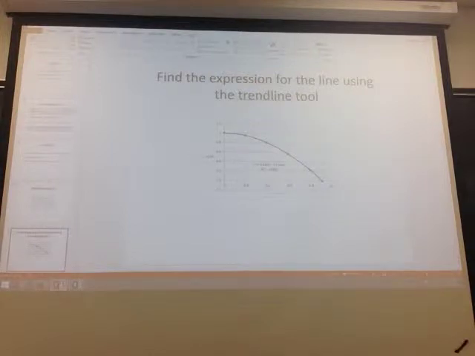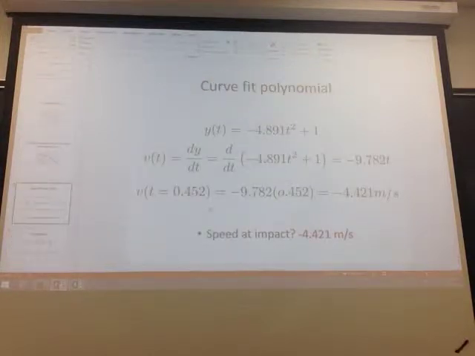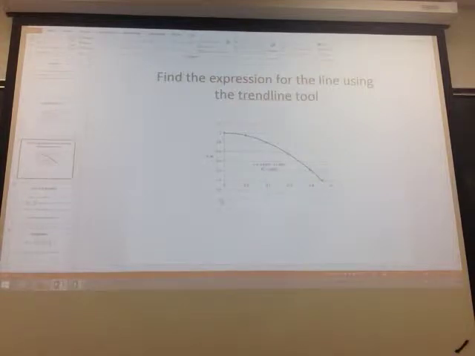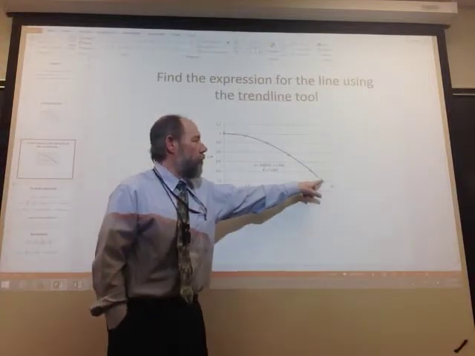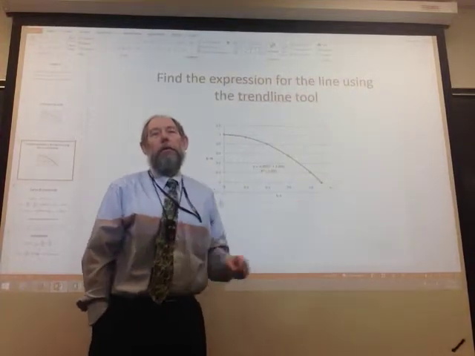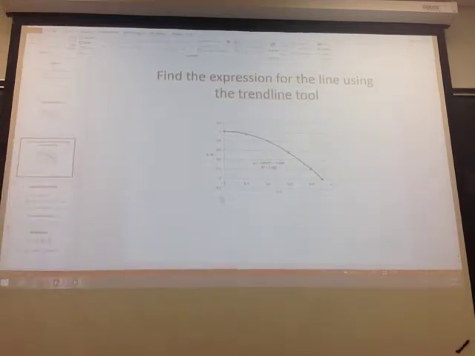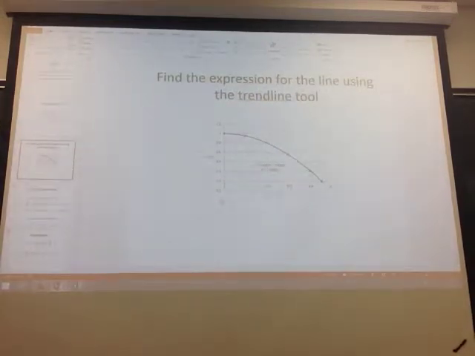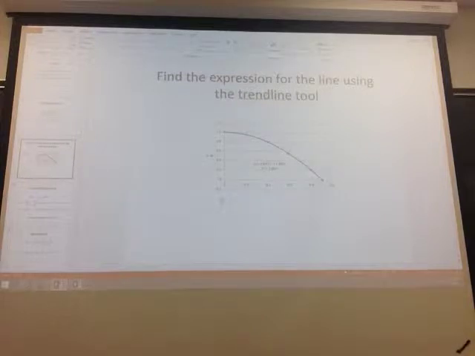So we use this trend line, we get that equation. Instead of doing that, if we take the derivative, because what we want to find is the velocity right there. The velocity is, by definition, the change in height with respect to time, right?